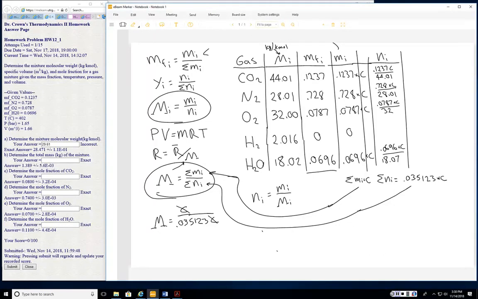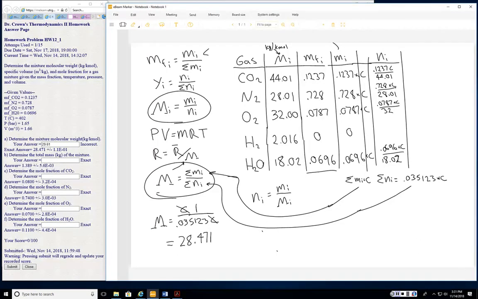So what I learned is that 1 over 0.035123 is 28.47. Also over here I said I divided by 18, should be 18.02.